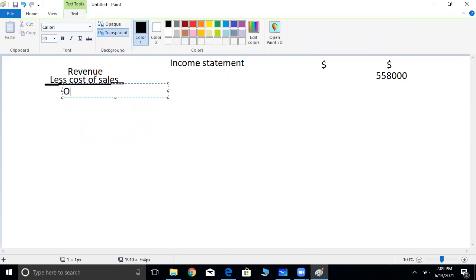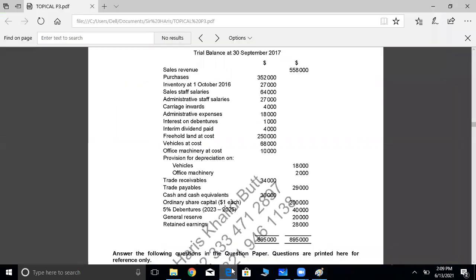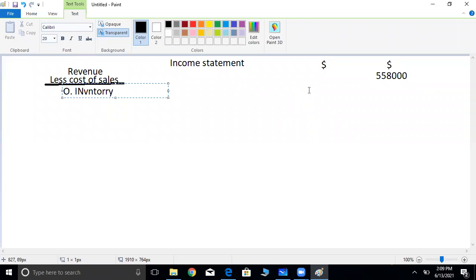So I'm going to write the opening inventory, and the amount of opening inventory which is given in the question is 27,000.